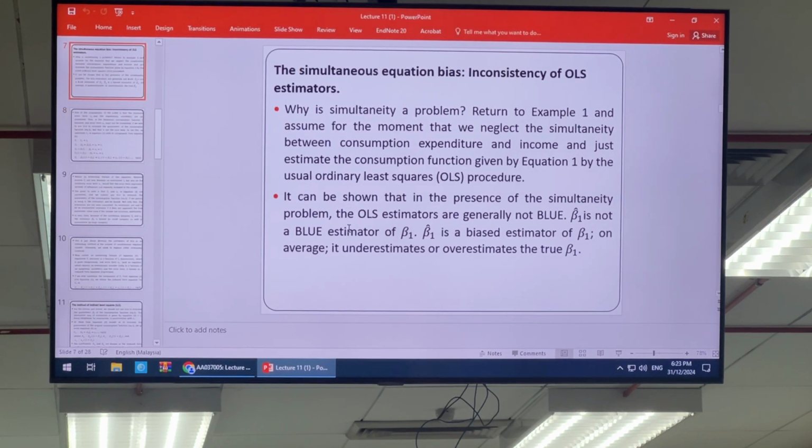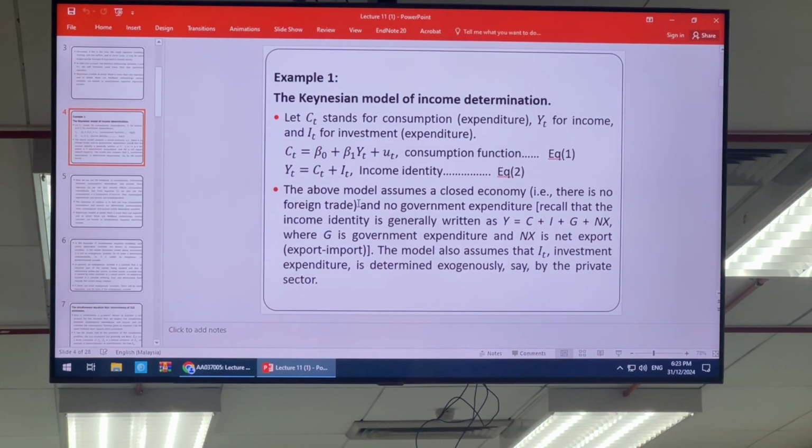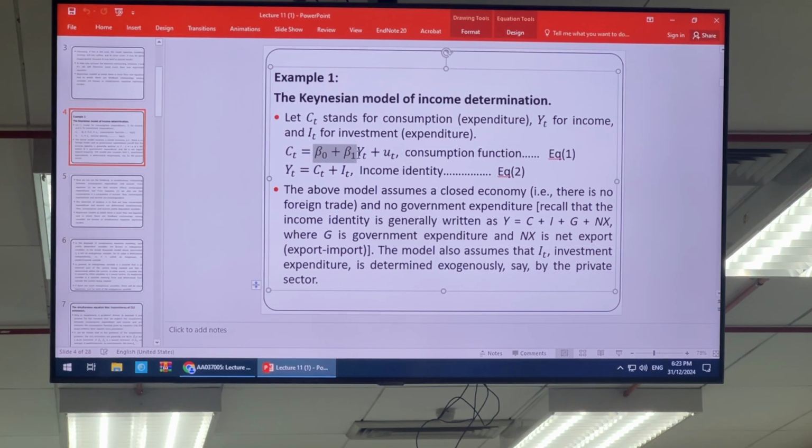We also can do the same by replacing equation 2 into equation 1. So just now we put this into this, and then we rearrange.